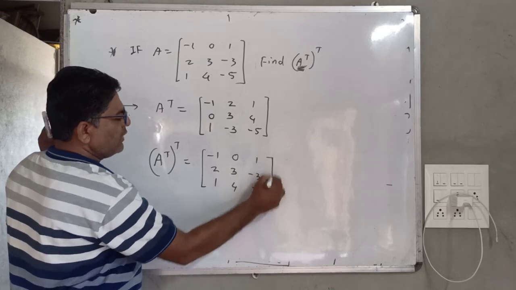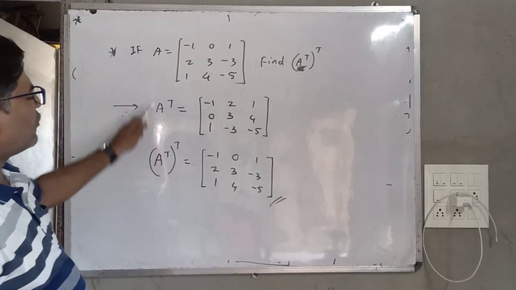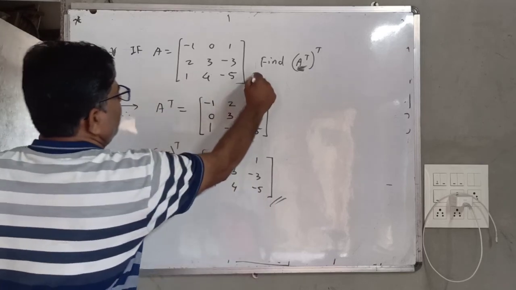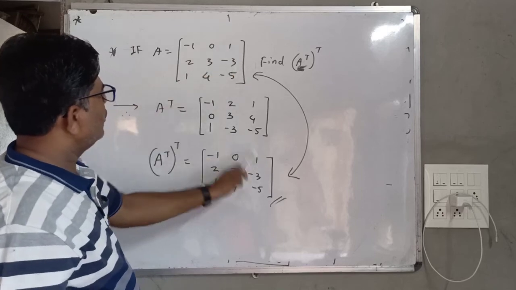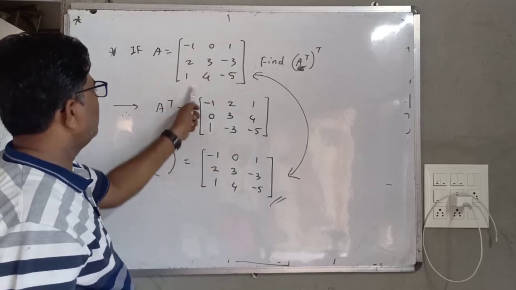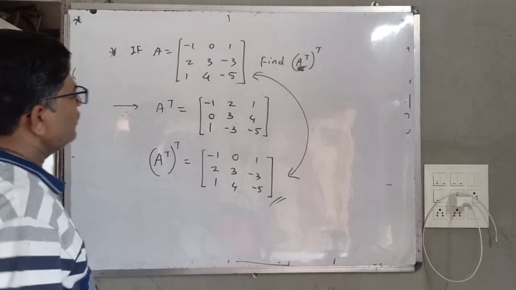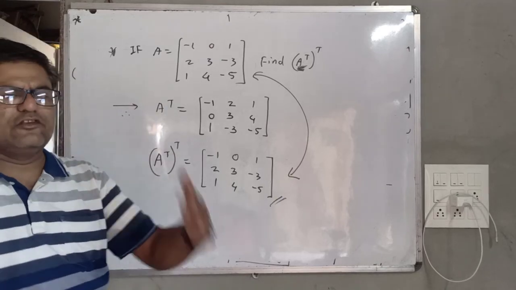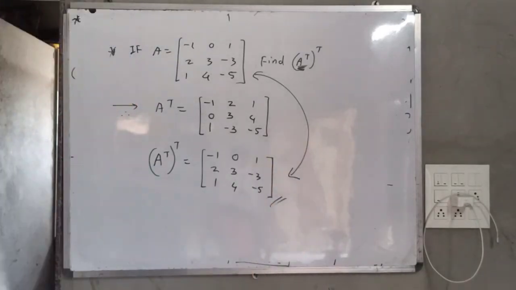But you can directly say the answer: the transpose of transpose is the same matrix. Observe here: minus 1, 0, 1; 2, 3, minus 3; 1, 4, minus 4. This question will be asked in MCQs also. The transpose of transpose matrix is the same matrix.